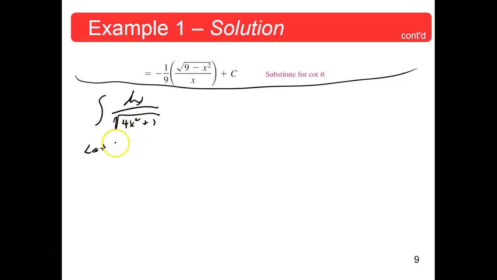Let 2x equal the a, which is 1, times the tangent of theta. There is your substitution. A little bit bizarre, right? So what then follows that?